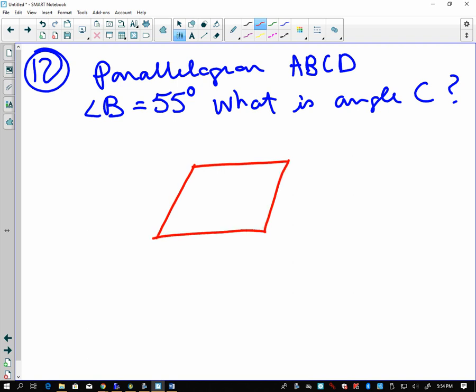Well, we start off by drawing a parallelogram, something like this where it's not just guaranteed that it's all right angles. So we'll start off here, A, B, C, and D. This doesn't have to be visually correct, but we're saying this is 55 degrees. We want to see angle C. This is where I lean on consecutive angles of parallelograms are supplementary.